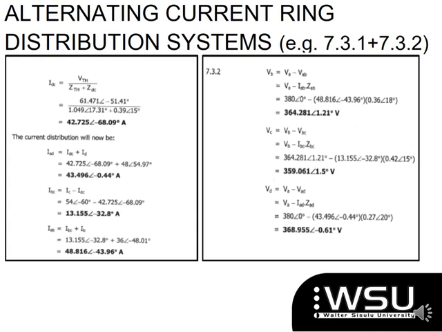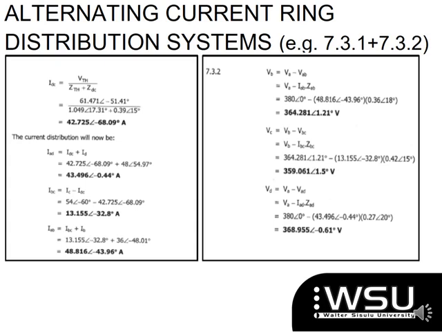Then we go to the second part, which was asking for the voltage at each node. So we go now to B. Again, B is the first one at the top. It's simply going to be our VA, which was our source, subtract that VAB, which was the one across the first portion of your line. And that gives us our voltage, and you can see it's going to be 364.